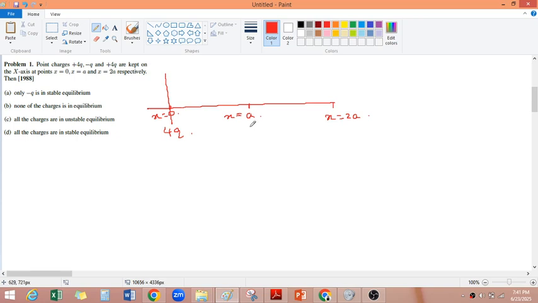So 4q, minus q, plus 4q. Then which one is in equilibrium? That's the question.